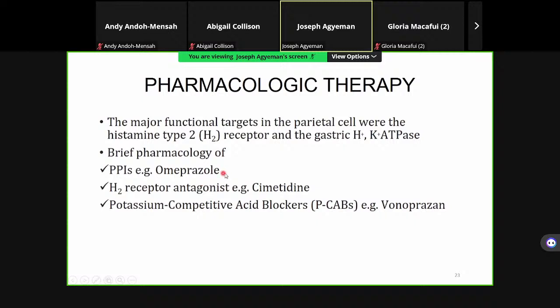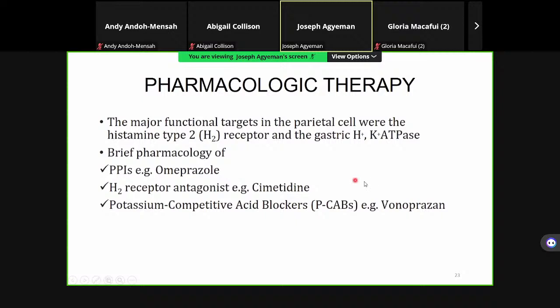The PPIs have to block the enzymes, and it takes time. Normally you get to steady state around 3 days when you are taking PPIs, before you can adequately block a substantial amount of the enzymes. This class doesn't block the enzymes. Immediately when you take them, they are just antagonizing potassium, and therefore their effect is felt far earlier.